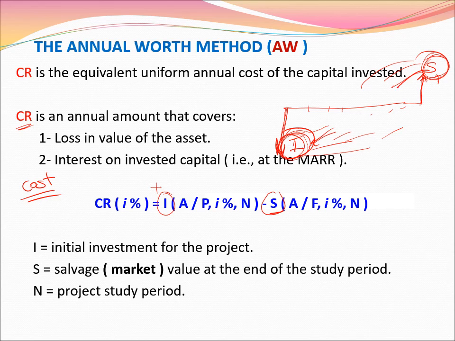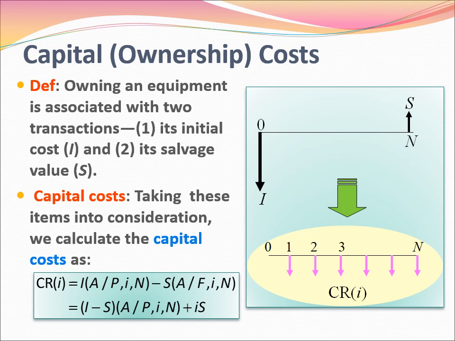And I am distributing this future value, the market value S, using the factor A given F to annual values. Since both are annual equivalents, we combine them. So this is how we calculate the capital recovery. As I told you, we have this initial investment, and at the end of the project lifetime, we have the salvage value, and then we want to find its annual equivalent. The idea is this.